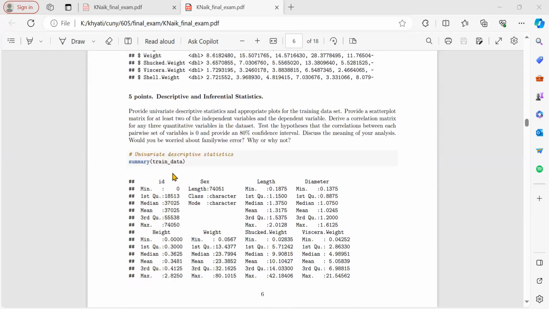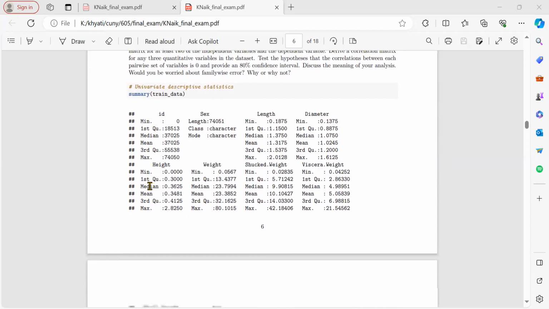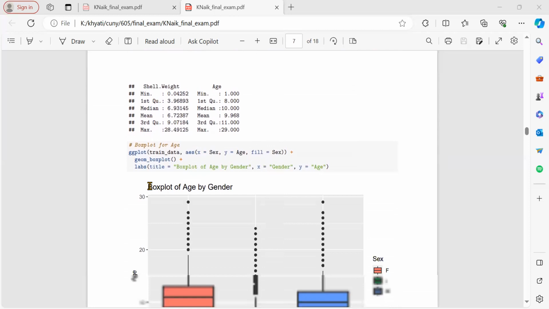So now diving into our descriptive and inferential statistics. The univariate descriptive statistics provide key insights into the central tendency and variability of the variables. Doing the summary, we can see the mean, median, and third quartile, first quartile of each variable.